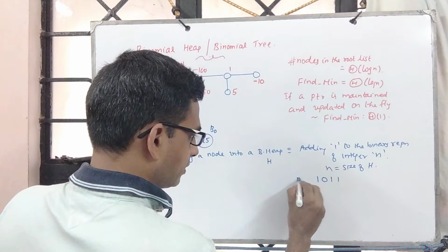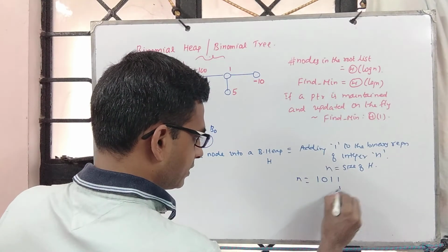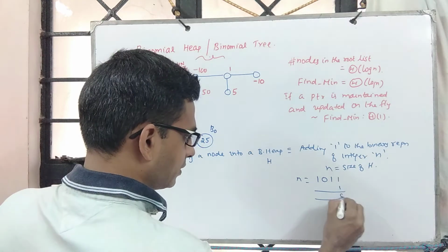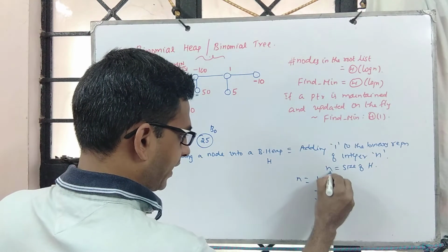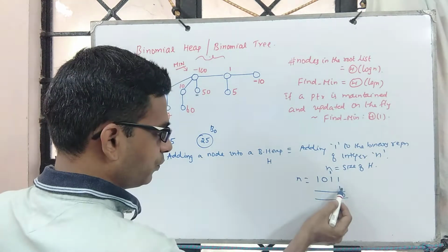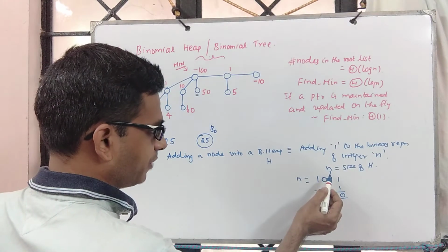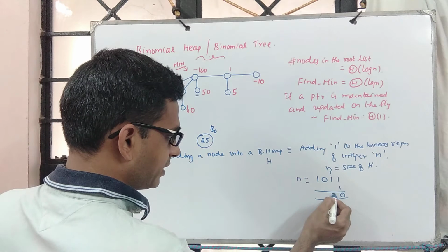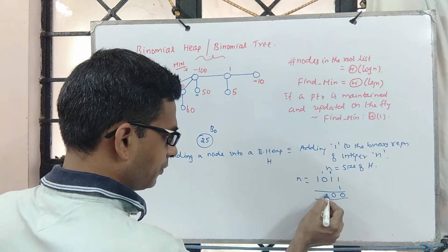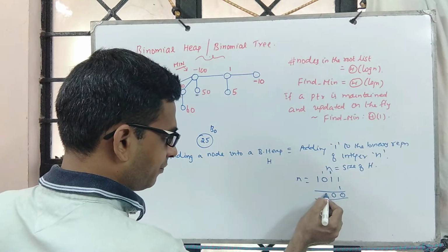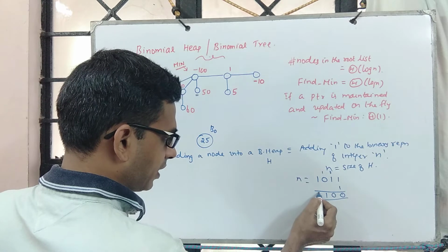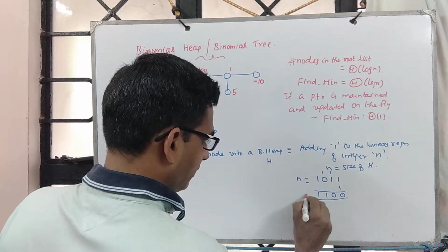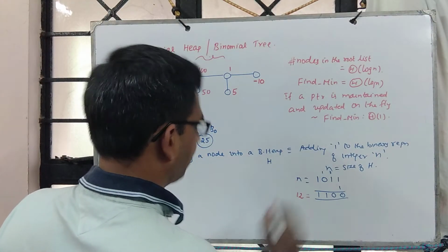Now to this we are adding a node, that is precisely this. So 1 plus 1 is 0, a carry 1. Carry 1 meaning you are merging two B0s and generating a copy of B1. And you already have a copy of B1 and those two are merged and you create a copy of B2. Since you don't have a copy of B2, this comes as it is and B3 comes as it is. And that is precisely the binary representation of 12.